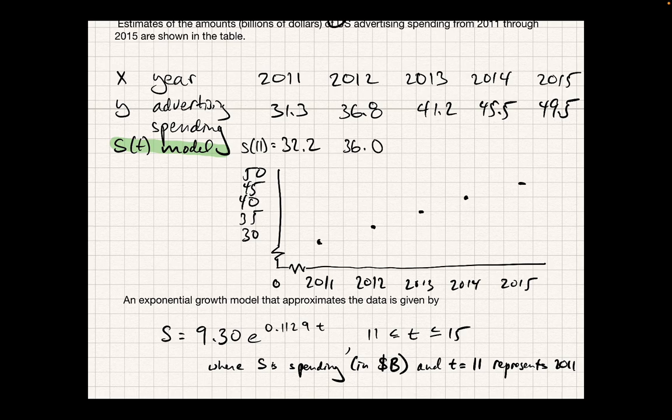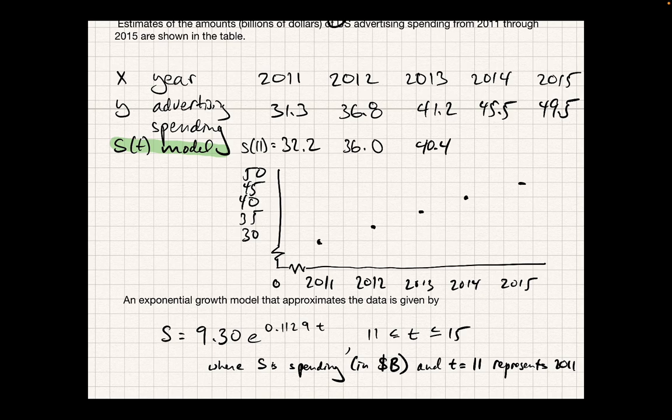Emily, what'd you get for S at 13? 40.4. Is that what you got, Donovan?